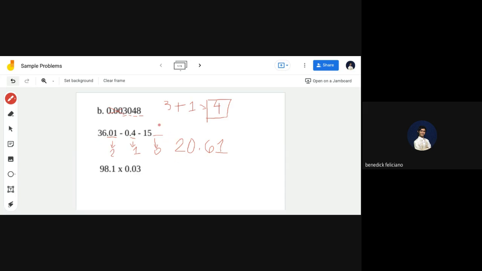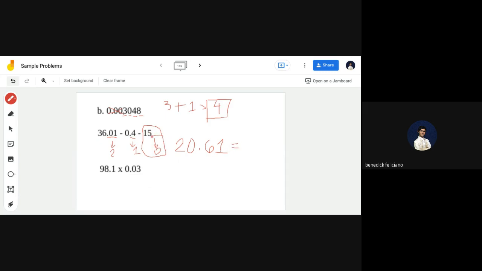Based on the rule, we need to identify the number with the least number of decimal places, and that will be our basis for our final answer.